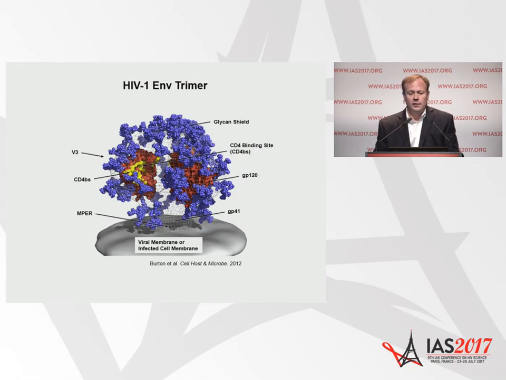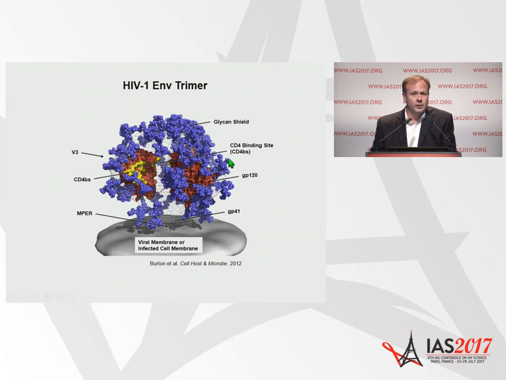Well, in addition to these mechanisms, there are a number of structural features that help to explain the resistance of HIV to antibodies. The outer domain surfaces of the trimer are covered by extensive N-linked glycosylation that forms this glycan shield. It makes it very difficult for most antibodies to penetrate and bind to the underlying polypeptide.